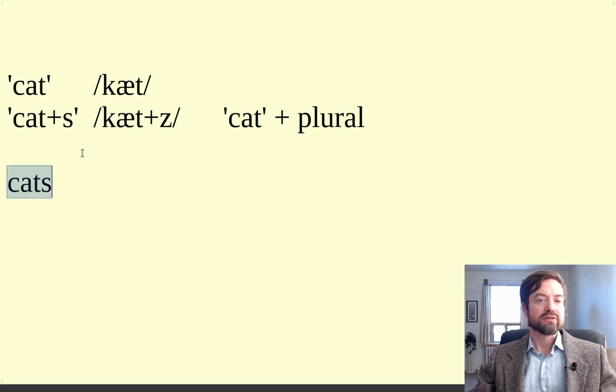Now, sometimes it's a little bit less clear, and you can be misled by patterns into assuming certain things. You could say something like a series, and I'm writing it out here phonetically.